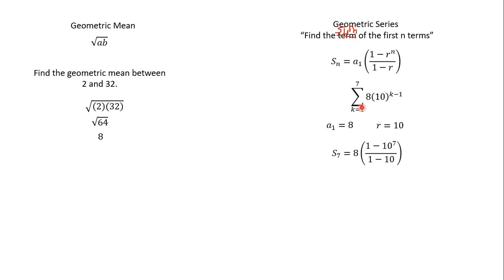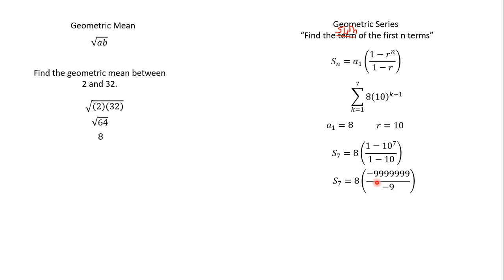S of 7, because we're adding together the first 7 terms, equals 8, the first term, times 1 minus 10 to the 7th over 1 minus 10. 10 to the 7th is 1 with 7 zeros behind it. 1 minus that is going to be 7 nines divided by negative 9.